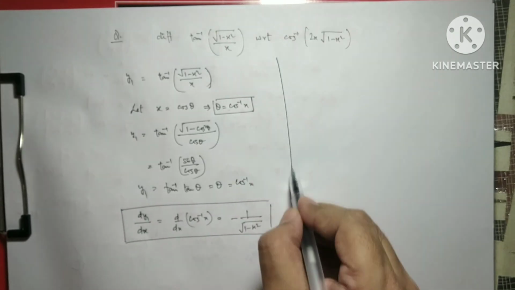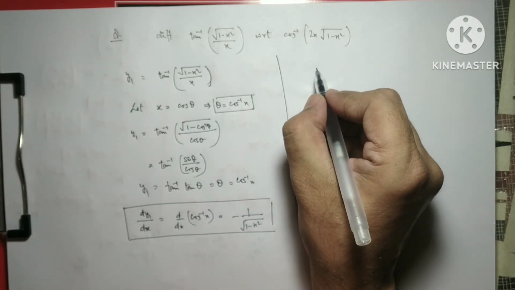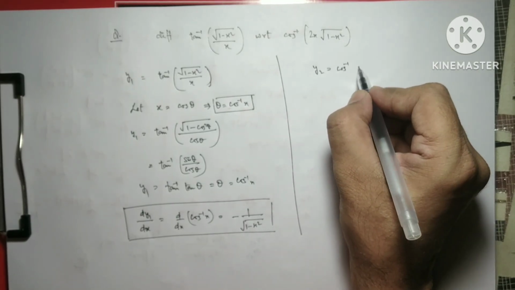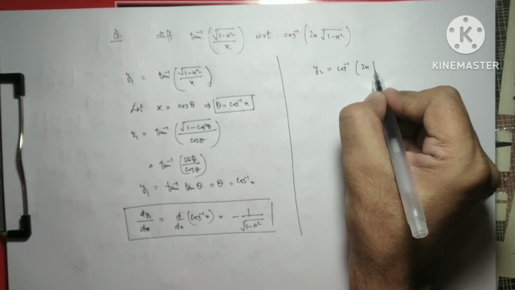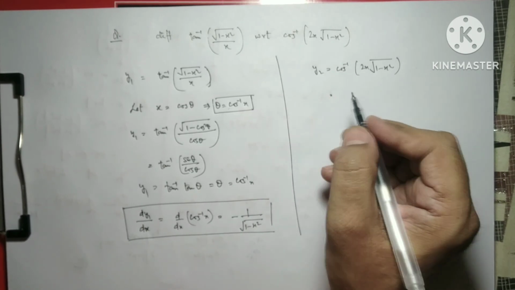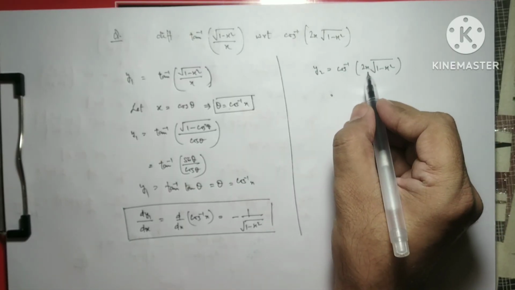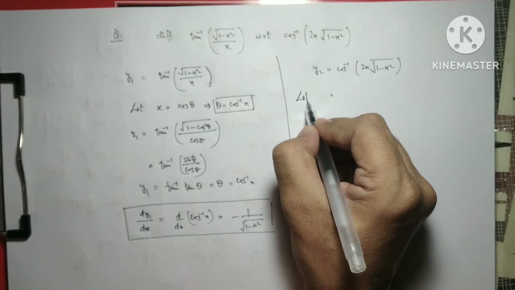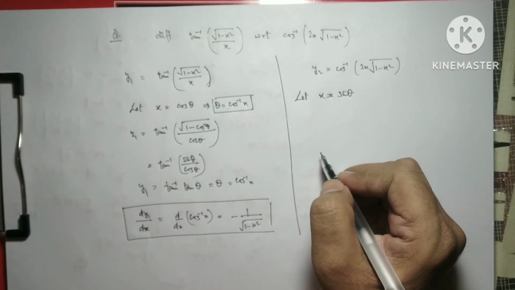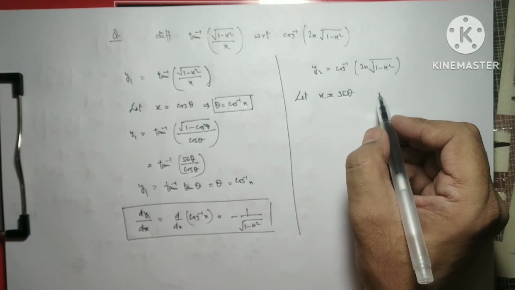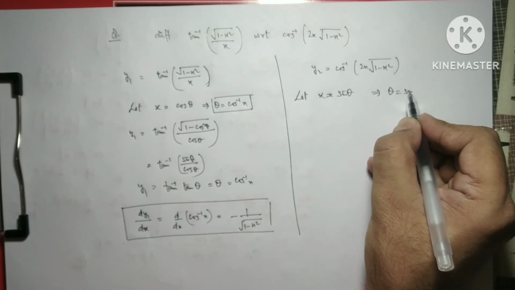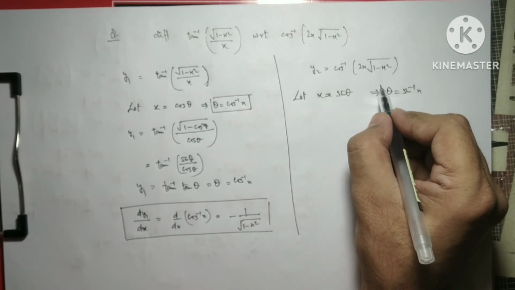So second function is y2. y2 is cos inverse 2x under root 1 minus x square. So again we let x is sin theta. Okay, so this becomes theta is sin inverse x.